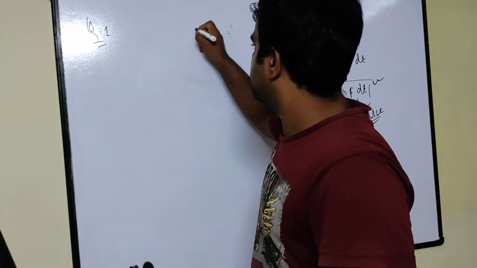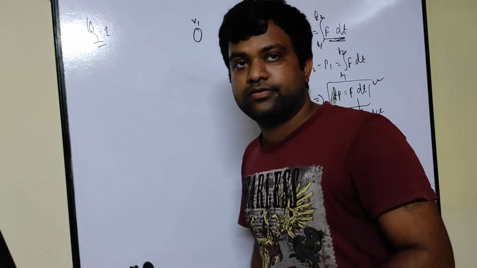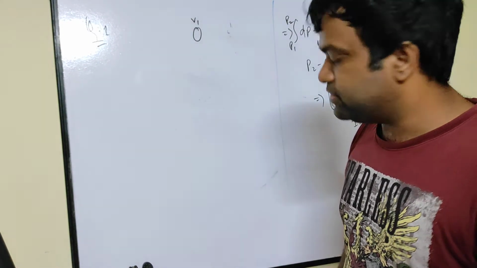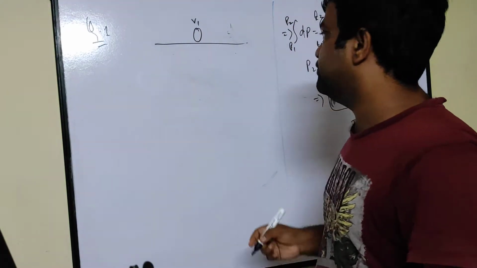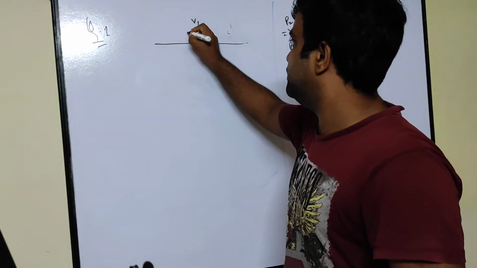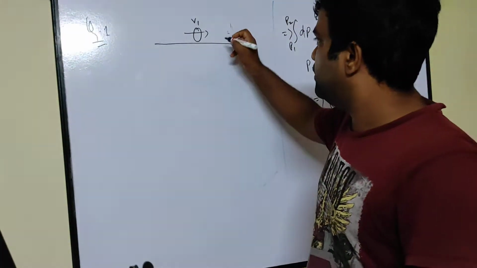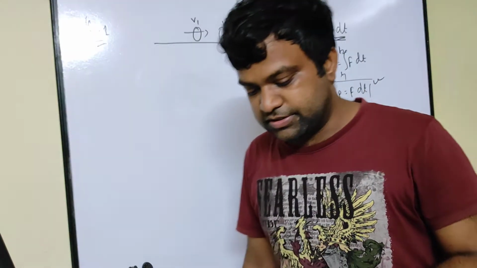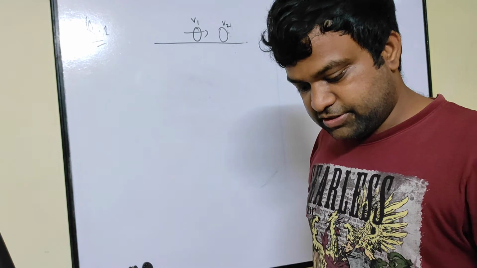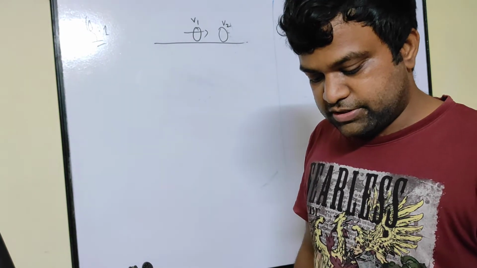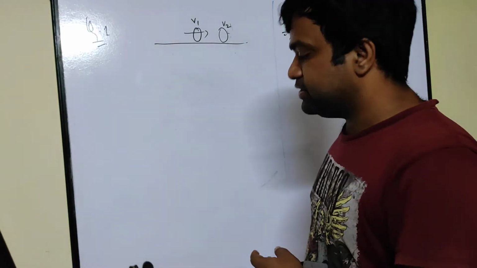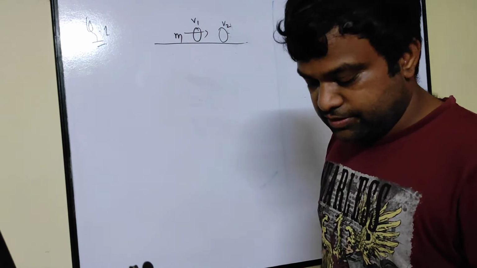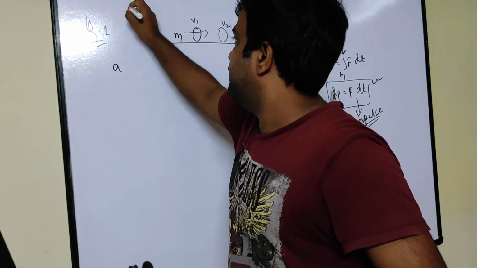So in the question, the object was moving with velocity v1, and it is given an impulse, so the velocity becomes v2. Like here I gave you one example: the ball was moving, suddenly one force applied, someone kicked the ball. Now after it, the velocity becomes v2. So this is the change in velocity. And what is the impulse? Object mass m is given.